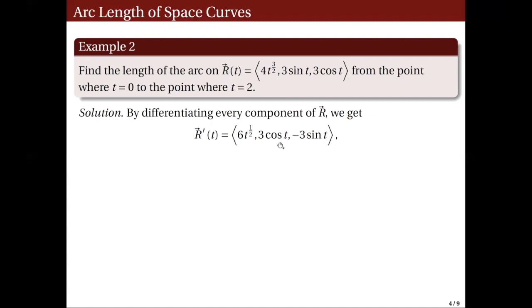Observe that the second and the third components will never be 0 at the same time. There is no value of t for which both cosine and sine is 0. Hence, r prime is never the 0 vector. Smoothness is guaranteed. So again, we have to compute the norm of r prime of t, and we will use that as the integrand in the arc length formula.